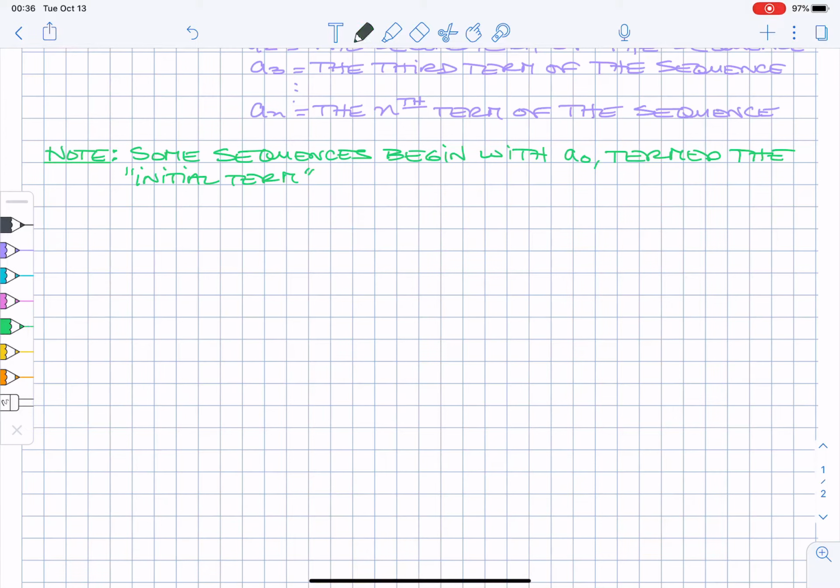Okay, so now back to our example. So example, let's list the first 6 terms of the following sequences.